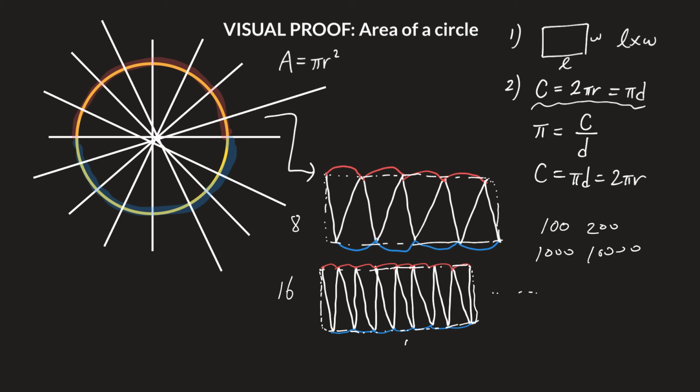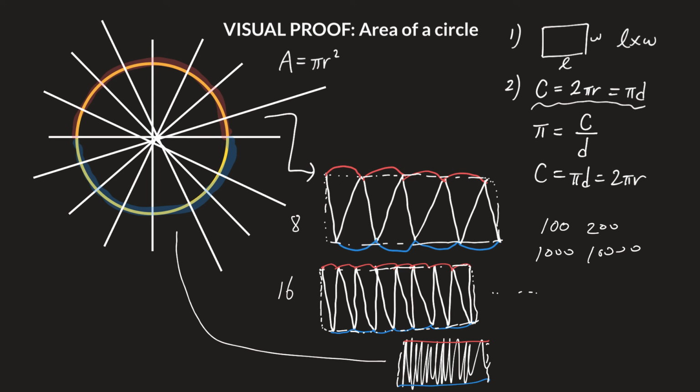Well, it's going to look very much like a rectangle, right? So now what I've shown you is that by slicing the circle into pizza slices and rearranging the shape, the area of the circle can be represented by the area of this rectangle over here.